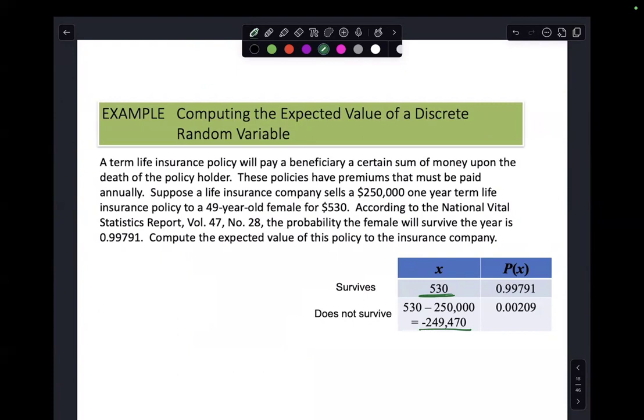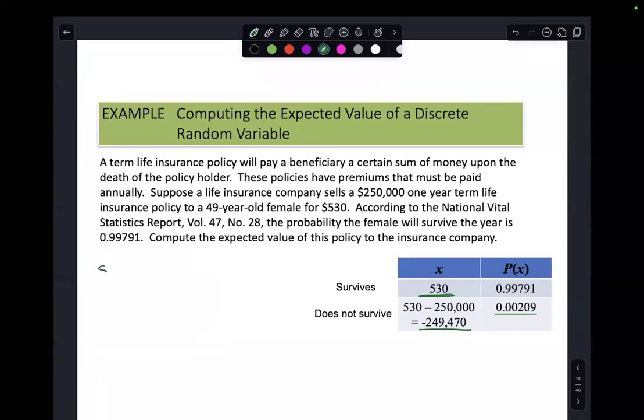$249,470, because she paid in $530, so I have to subtract that from the 250, or subtract the 250 from it. So they lose $249,470. The probability of them paying that out is this right here. It's really small. So what we're trying to do is calculate how much, with all of these policies, the insurance company expects to make per policy.